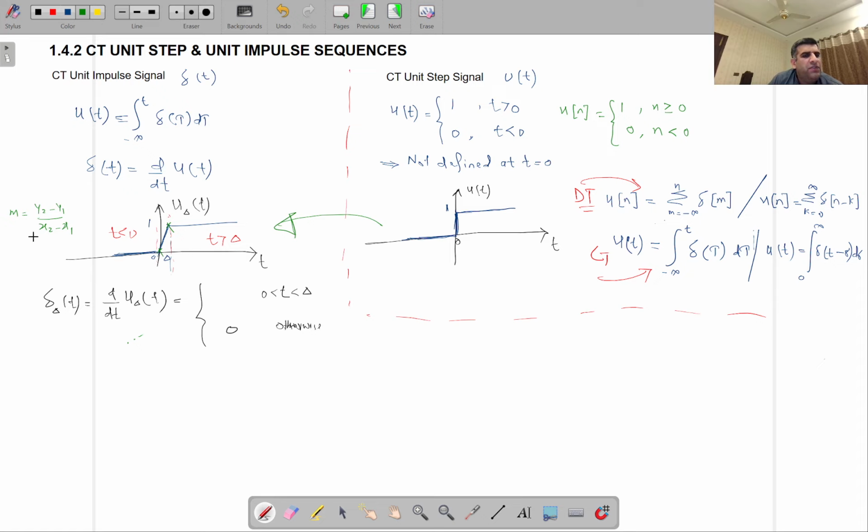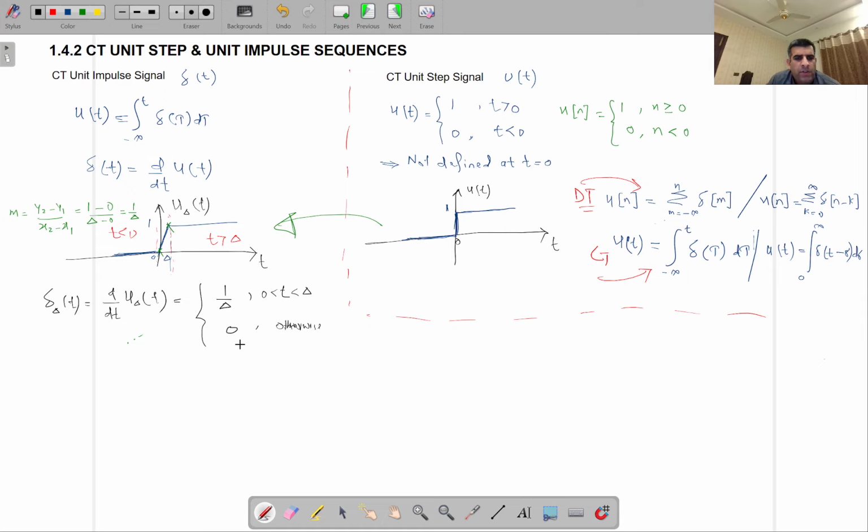So if we substitute these values inside this expression, we see that this is 1 minus 0, and the x-axis is delta minus 0. So the slope comes out to be 1 upon delta, right? So the two y values were 0 and 1, and the two x values were 0 and delta. So we have substituted the values and found the slope to be 1 upon delta. So the slope is 1 upon delta.